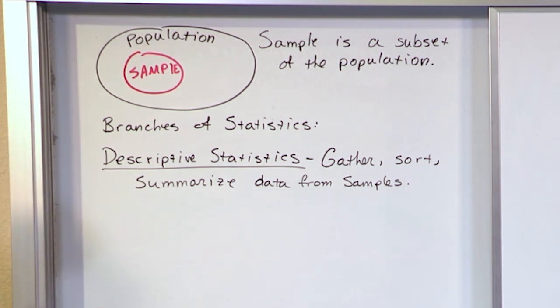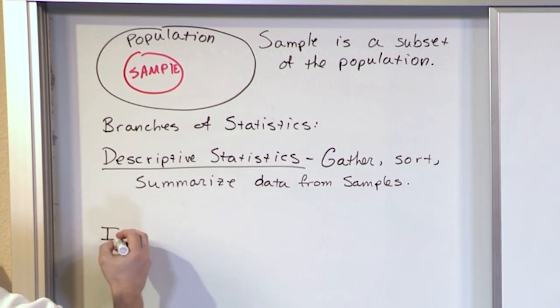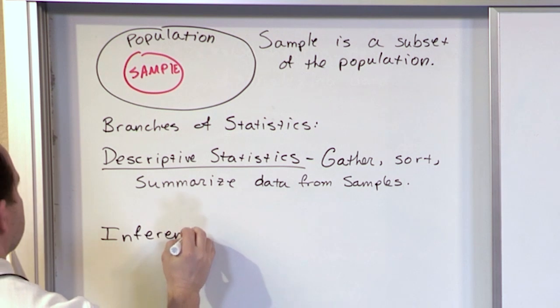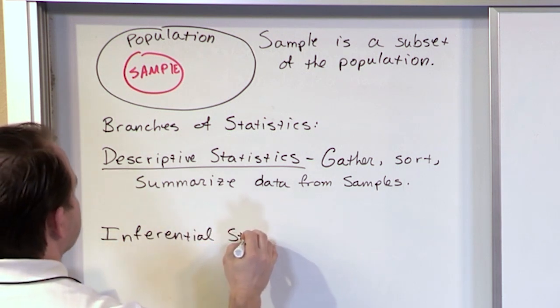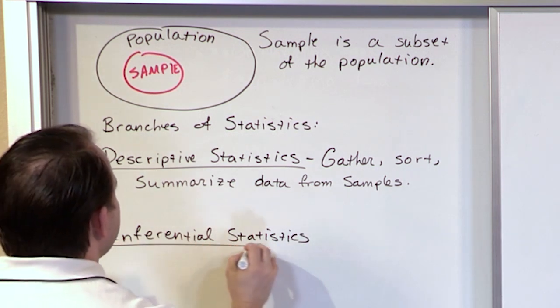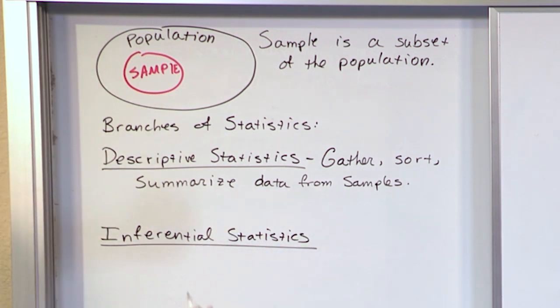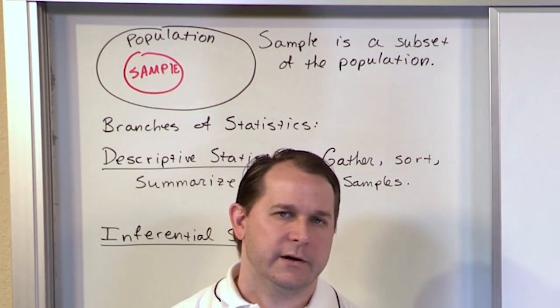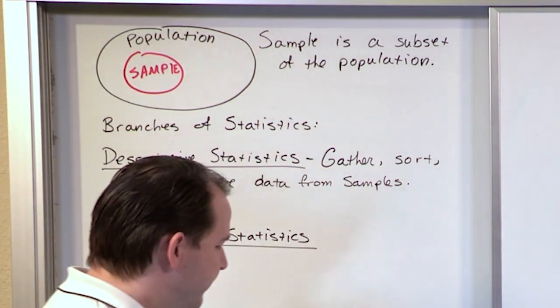And the second part is what we call inferential statistics. Right? And you probably can figure out from this word, inferential, it means inference. To make an inference means to draw a conclusion from some information. That's what an inference is.